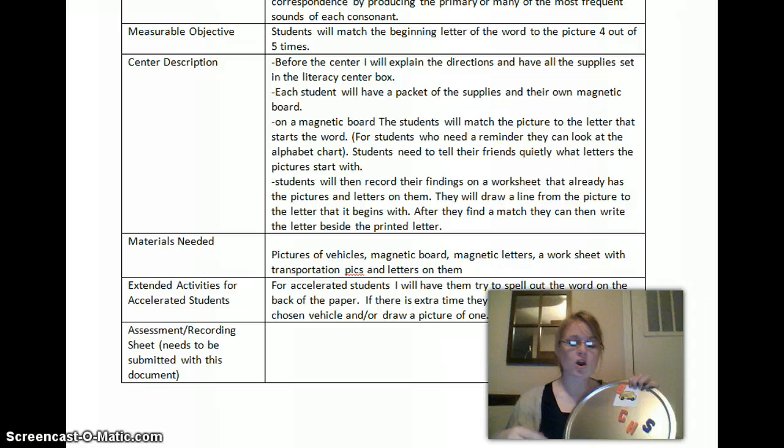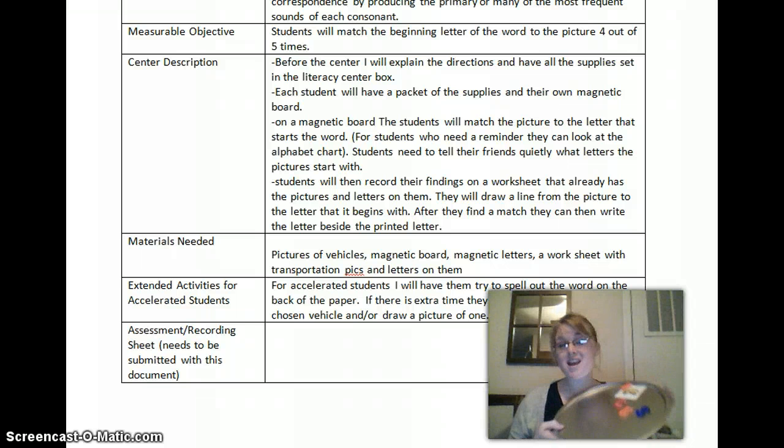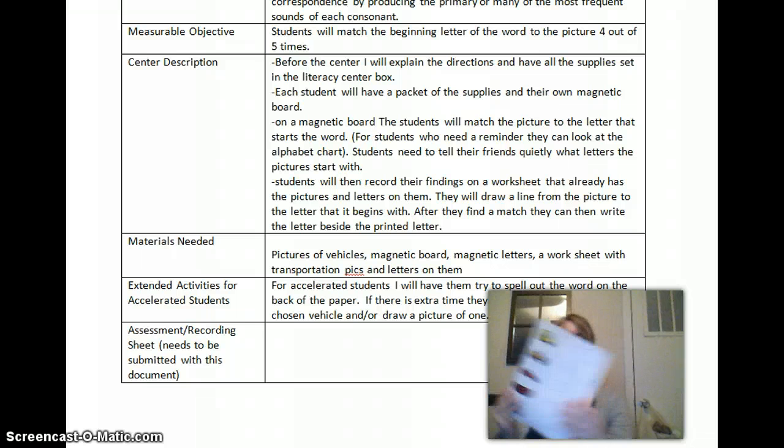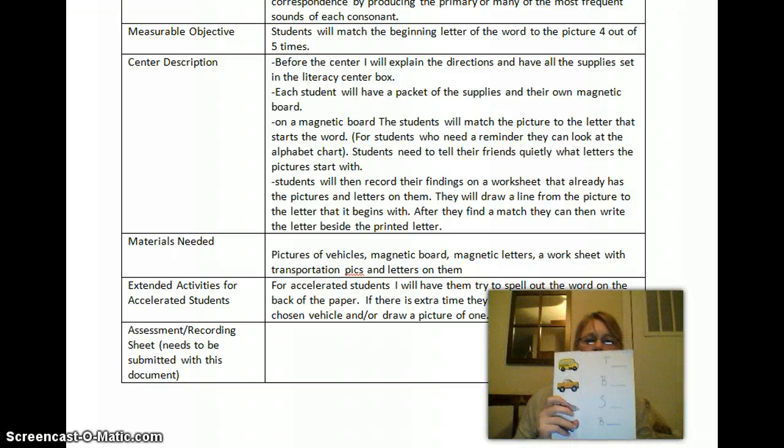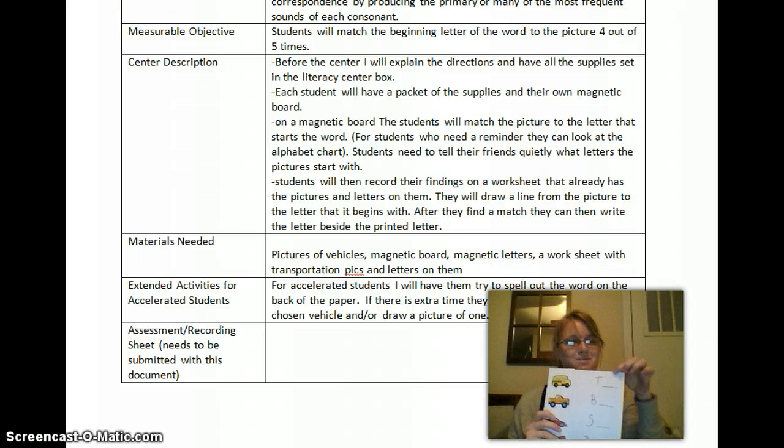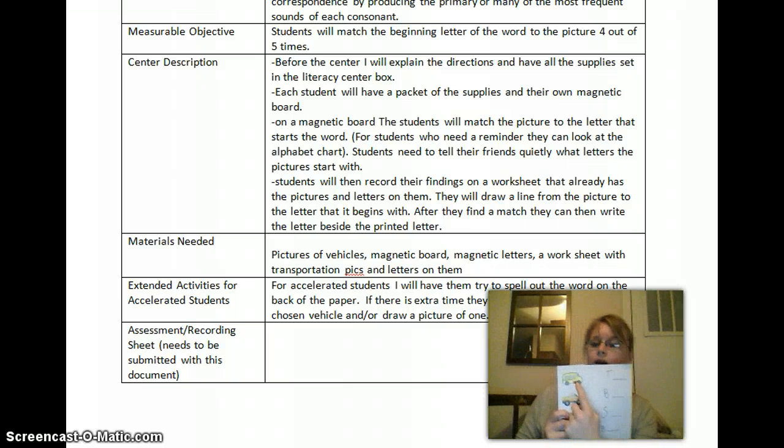And when you are all done with all of your vehicles on your magnet board, you will then get out your worksheet and your pencil. Now raise a hand if you know what the very first thing we do when we get our worksheet. That's right, you put your name on the top. And then you will find the pictures and think again what letter they begin with.